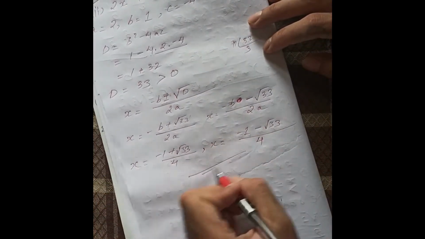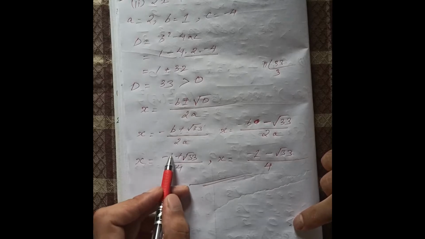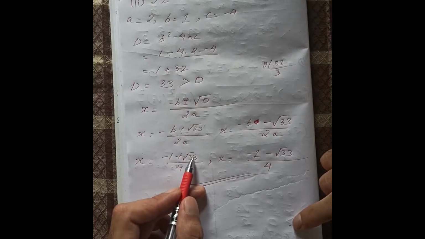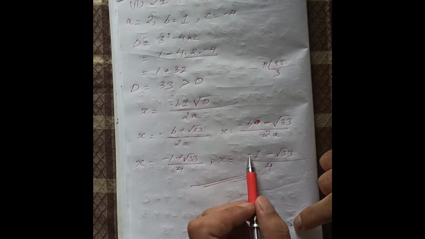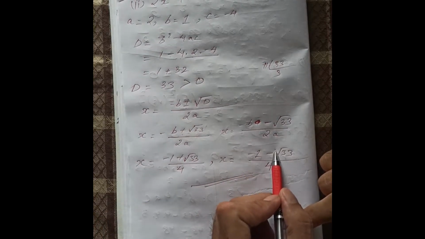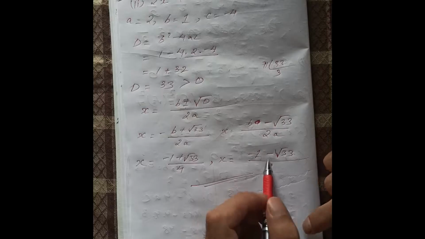So we found the roots: minus 1 plus square root of 33 by 4, and the other one is minus 1 minus square root of 33 by 4.